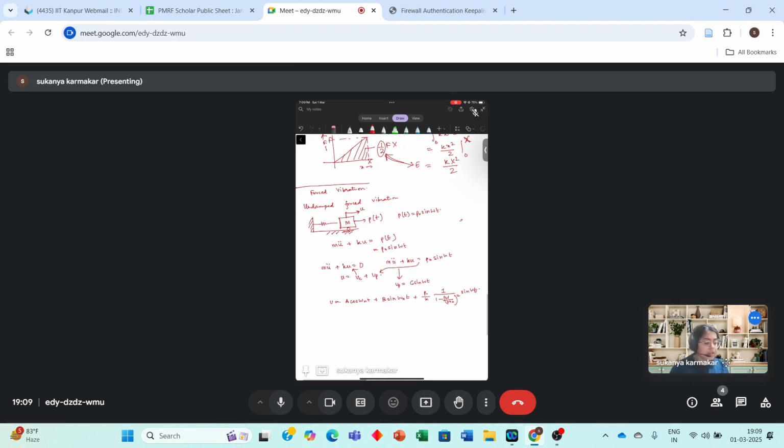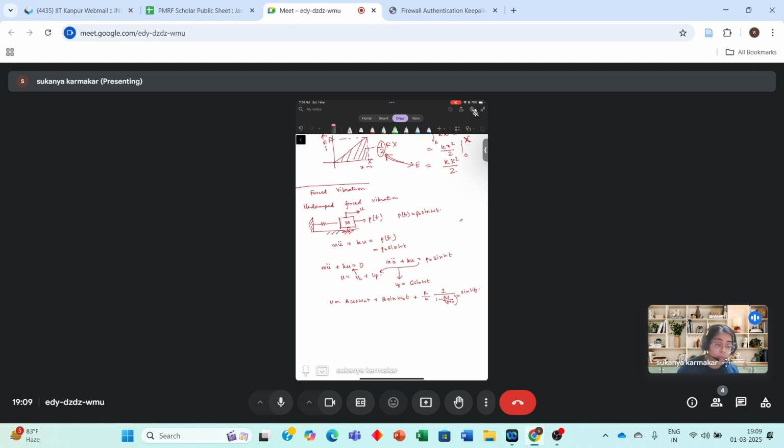So this solution is applicable when omega is not equal to omega n. Otherwise, this denominator will go to 0 and the solution will not make sense. So when you find that particular solution, this is a restriction there.